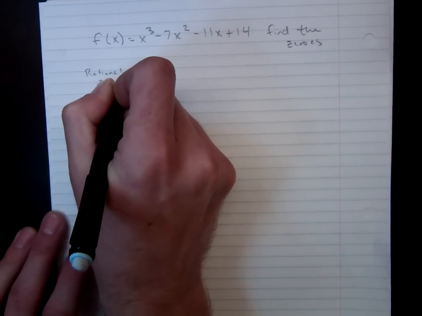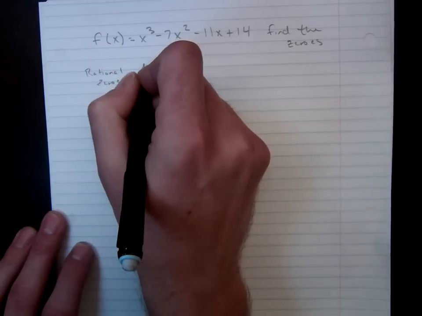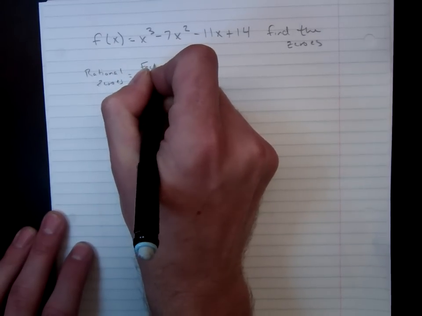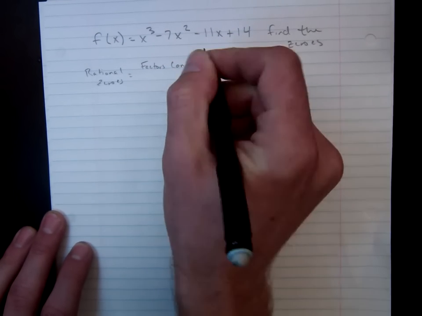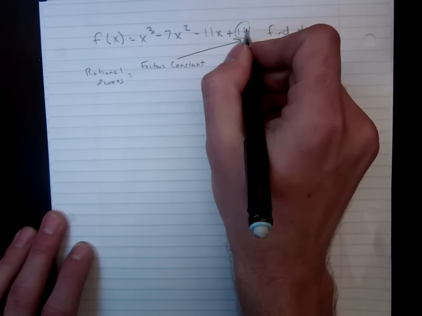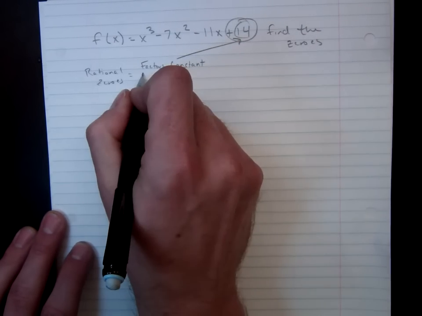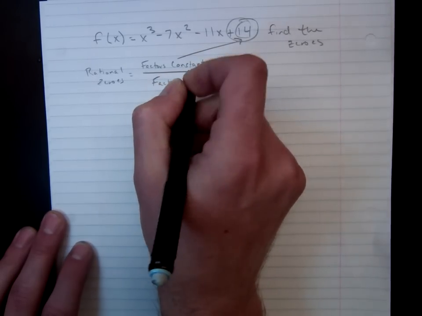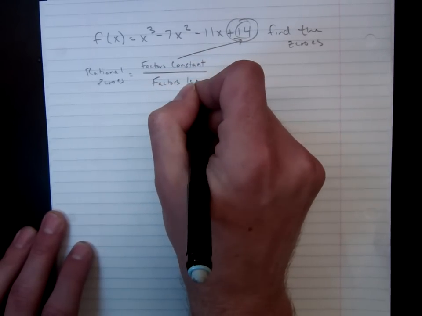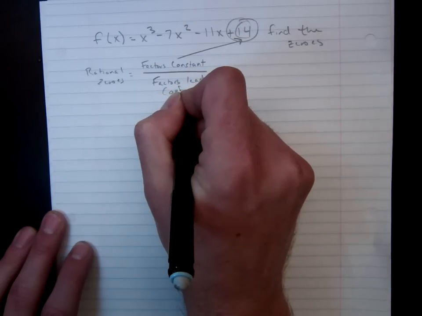The way we do that is to list the factors of the constant, where 14 is the constant here, or positive 14, all over the factors of the lead coefficient.